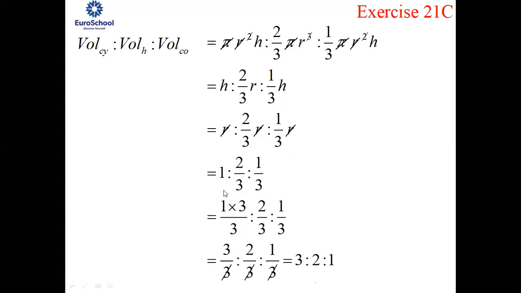See, you have been asked to prove that your answer should be 3 : 2 : 1, right? So we are trying to bring out this answer. As I told you earlier, if this 3 : 2 : 1 is not given in the question, you can just stop with this. There's no problem in that. But as we need to end up with whole numbers, we are trying to bring these fractions to whole numbers.